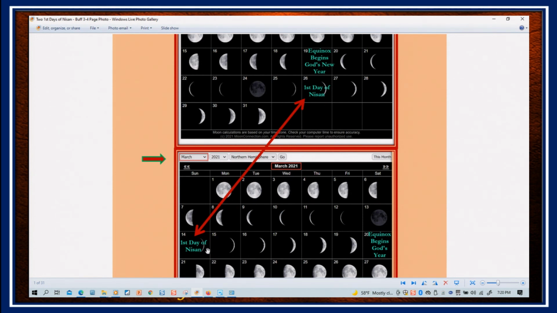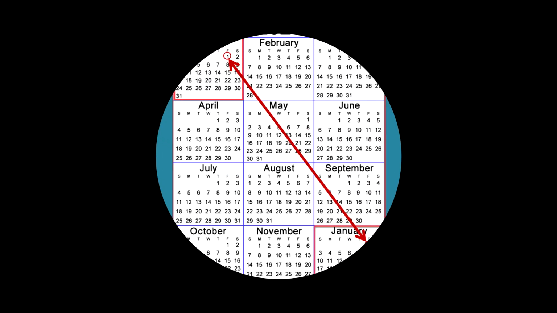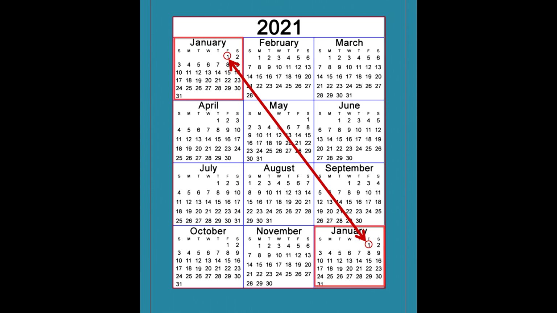So let's just use some good old common sense and look at this from a viewpoint that we might relate to a little better. Now, what would you think if you purchased next year's Gregorian calendar? That's the calendar we use here in the United States. And it had two first days of January on it, just like the calendar we see on the screen.